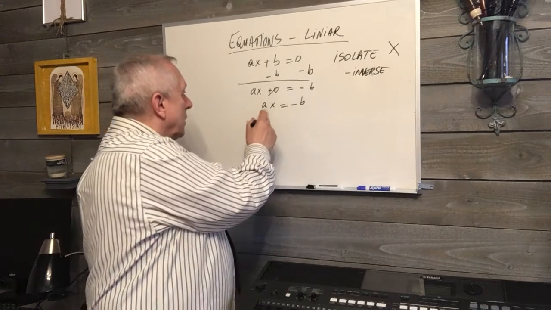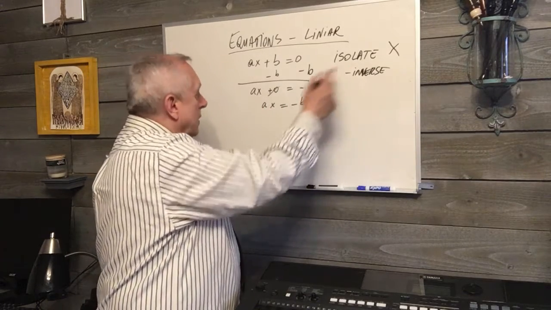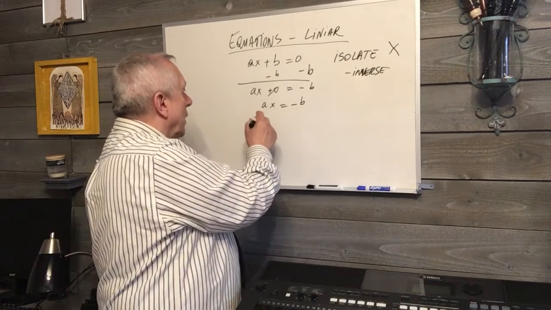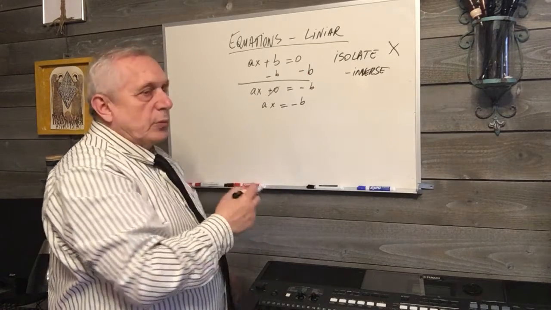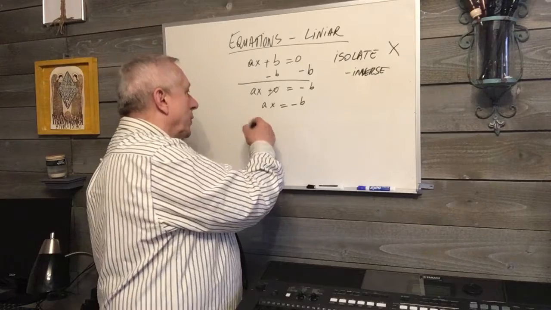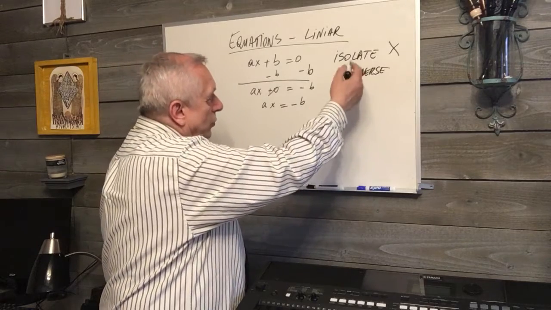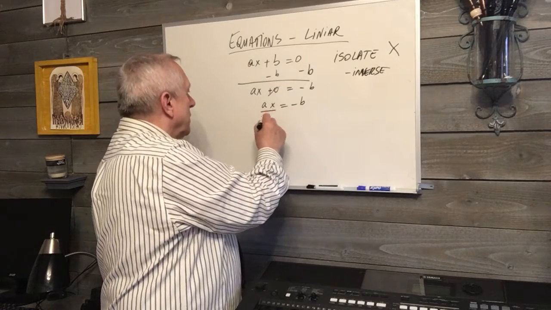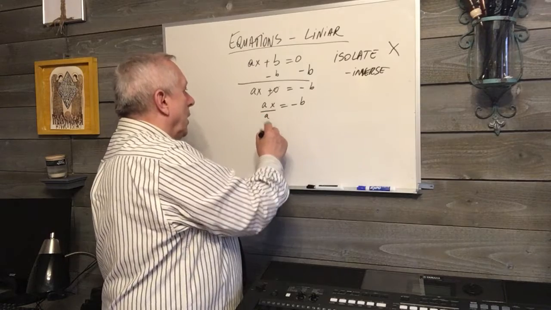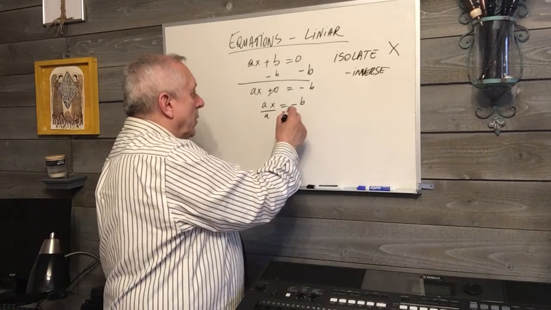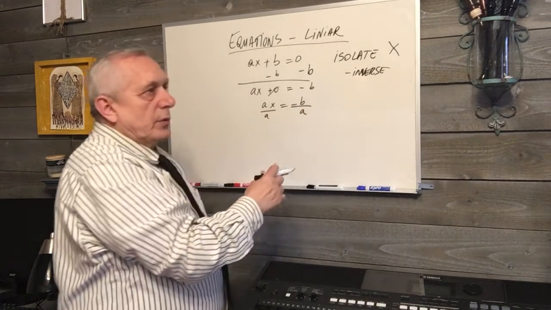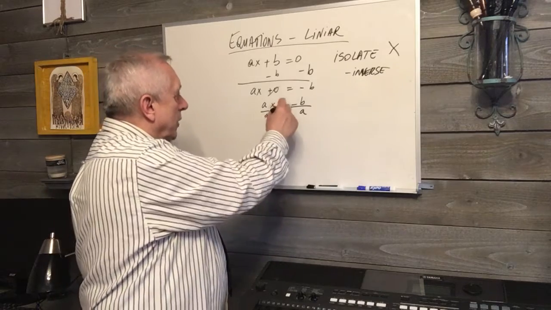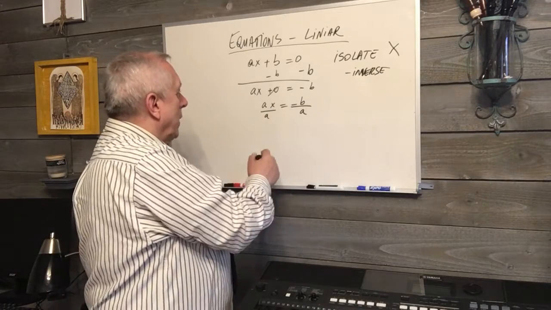How can we get rid of a to isolate x completely, x on this side? Here ax means a multiplication. So we have to use the inverse operation, which means to divide by a. And if we divide here by a, we have to divide in the same way on the other side of the equality, the same number a.